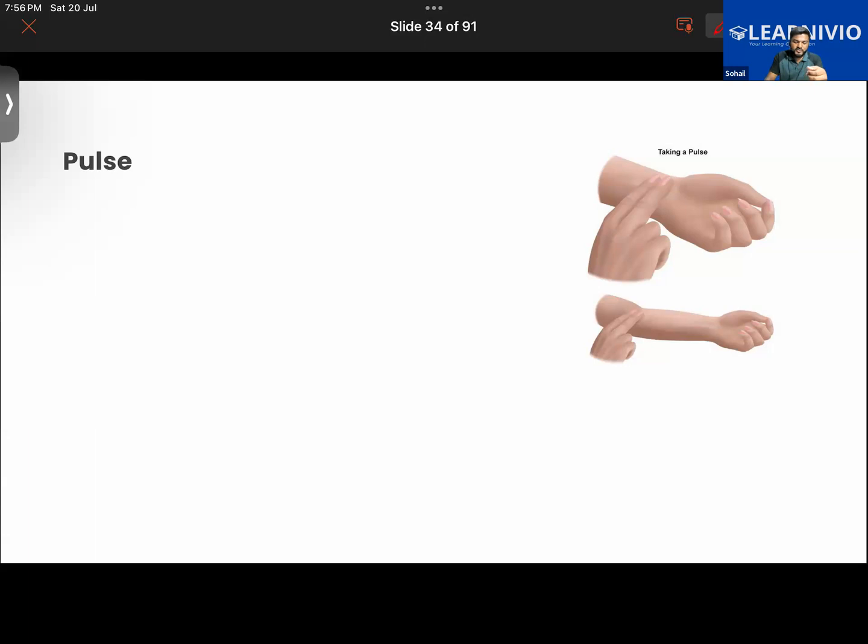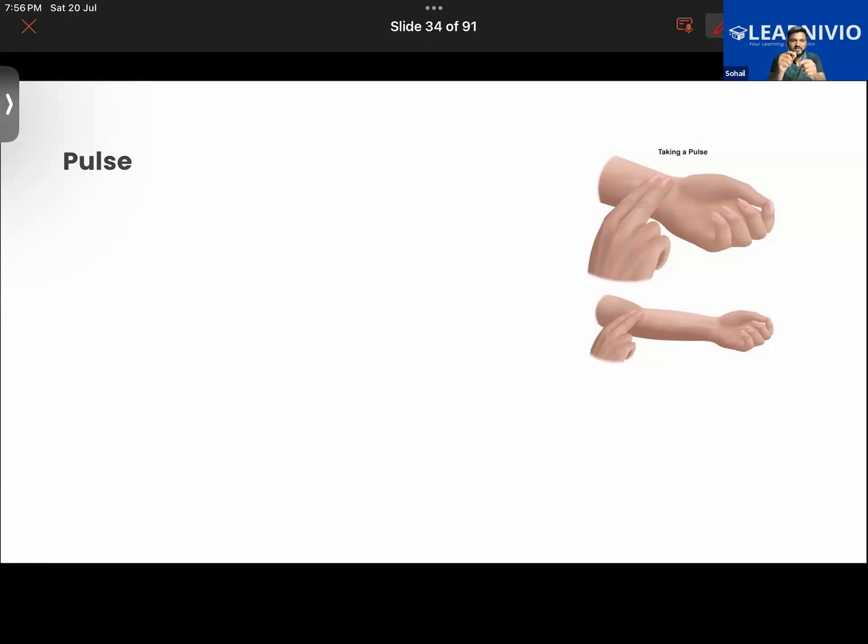Like if you were to place your fingers on your palm, over here, where an artery is present, a thick artery is found. So what happens due to the pumping of the blood in the arteries is a rhythmic throbbing, kind of a vibration.